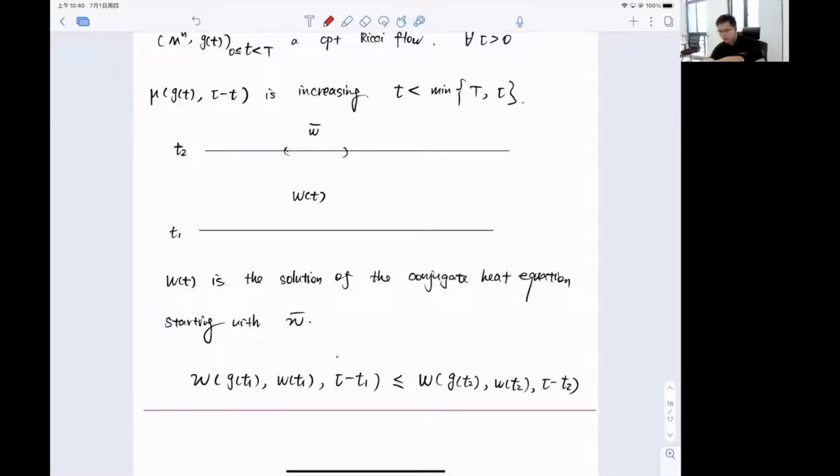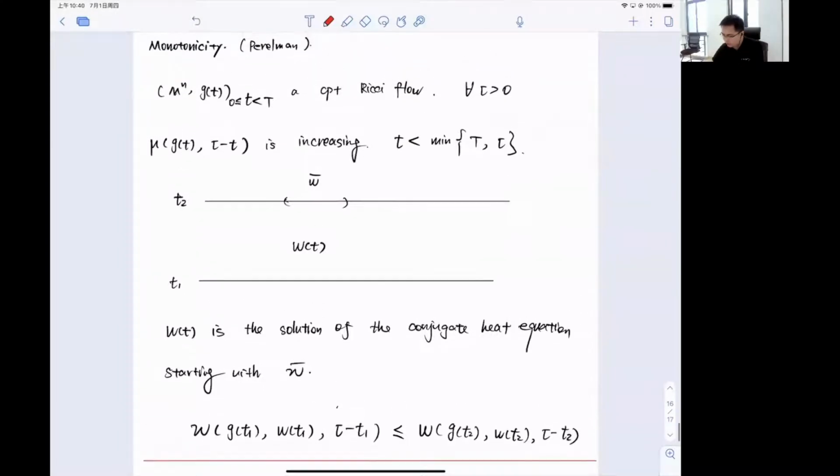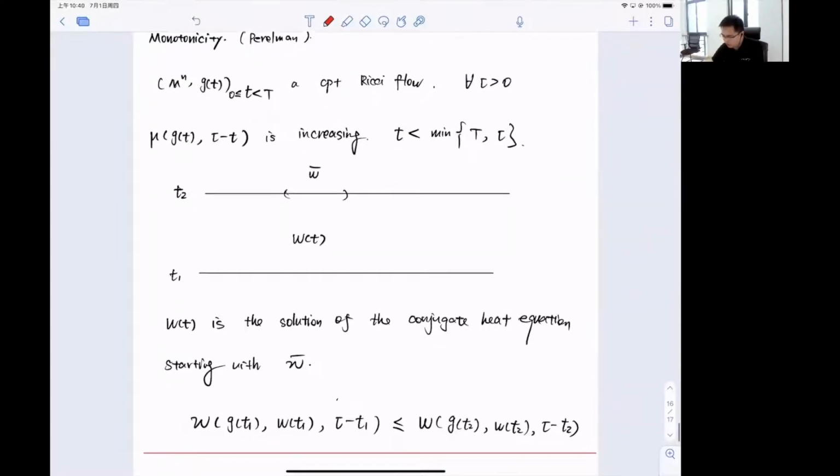So actually, Perelman has derived a very strong inequality when you choose the test function as a solution for the conjugate heat equation. Okay, I will not go into details for this. We just need to know that for compact Ricci flow, the entropy is increasing along the flow.